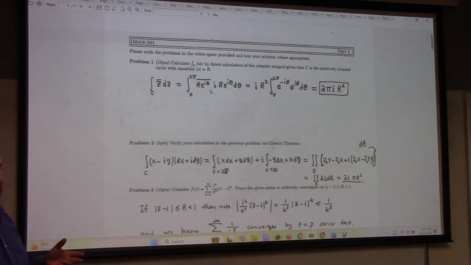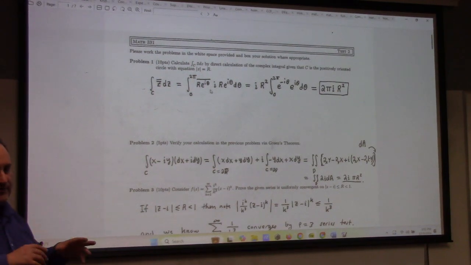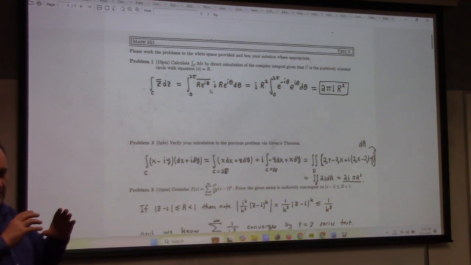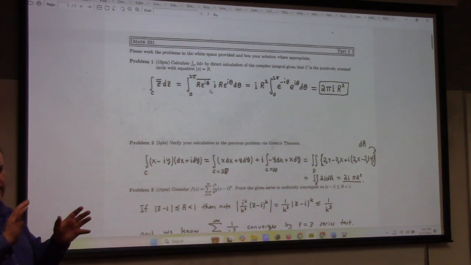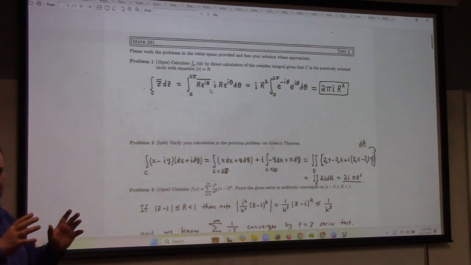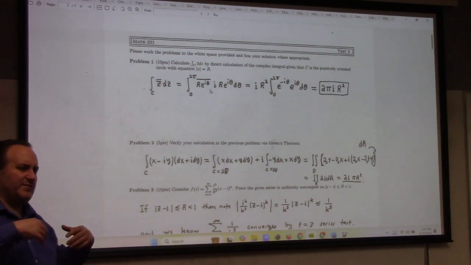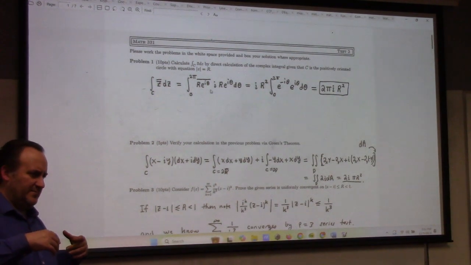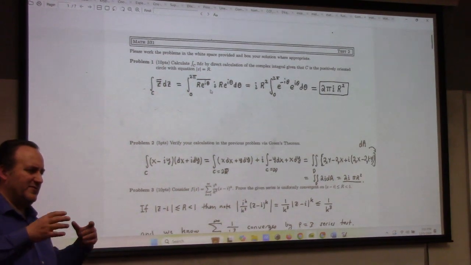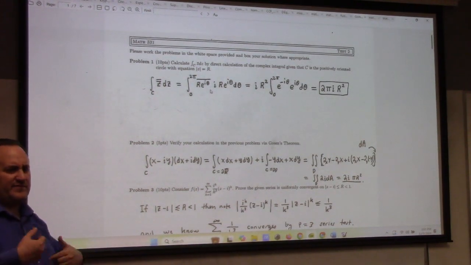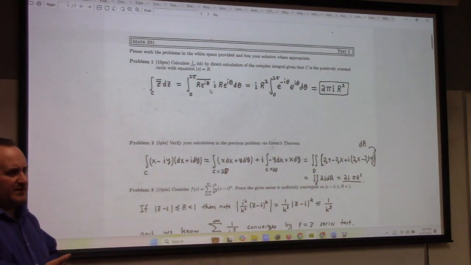Maybe a case study on the common contours, like the half circle, the keyhole contour. There's at most 3 or 4 different common contours that we work with in here. And it would be smart to have each one of those in an example, just a reminder of, we use this for this example, we use this for this example.